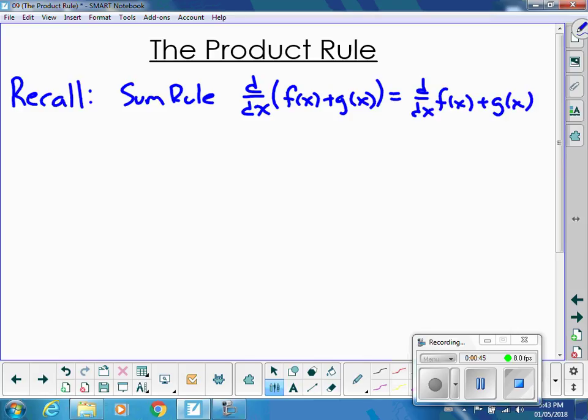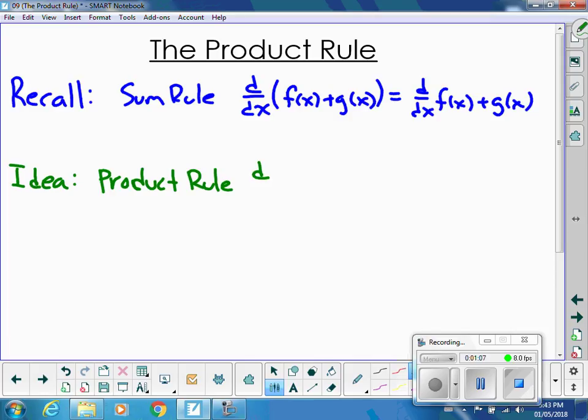So for the product rule, we remember from the limit laws that the limit of a product is the product of the limits. So maybe it works the same way with derivatives.